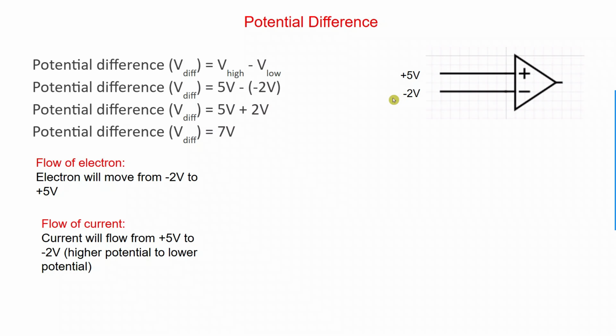Minus 2 volt is the low potential and plus 5 volt is the high potential. And the current will always flow in the opposite direction of the electrons, which means current will flow from plus 5 volt to minus 2 volt.